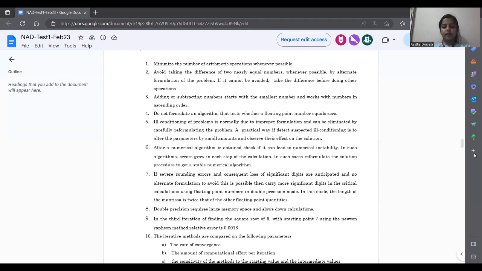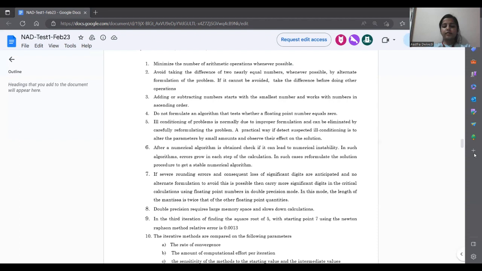In such cases, if no alternate formulation is possible to avoid the loss of precision, carrying more significant digits in critical calculation can help to minimize the impact of rounding error. One way to achieve this is by using floating point numbers in double precision mode, which allows for twice the number of digits in the mantissa compared to the standard floating point number.